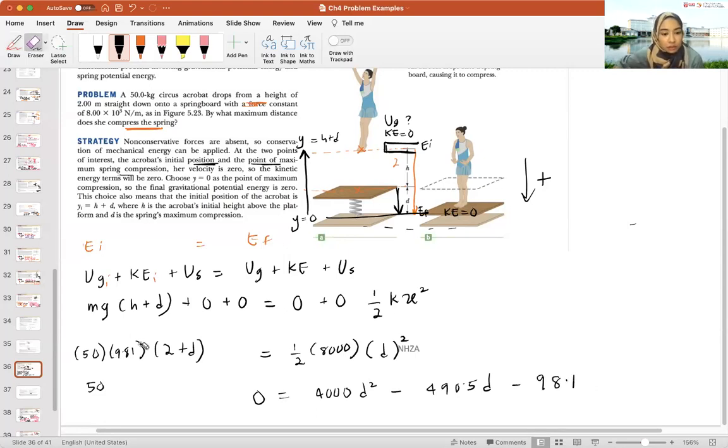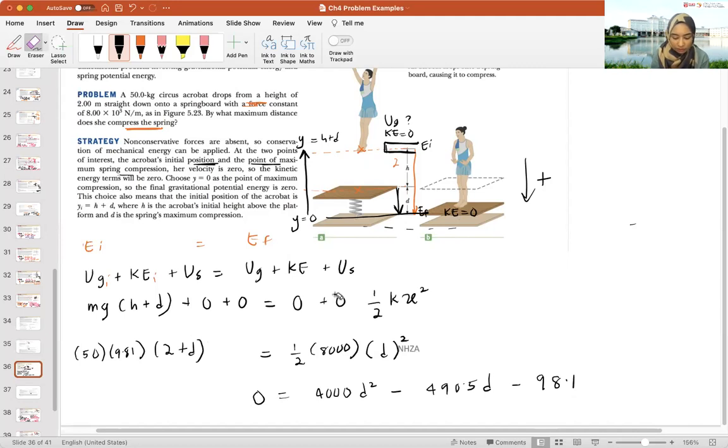So I would get 4,000 d squared minus 490.5 d minus 981. So saya nak rearrange semua ke arah sini sebab saya nak solve quadratic equation dalam calculator, and this becomes 0. Okay, I hope everyone knows how to do that. Patutnya boleh lah. Ini simple math sahaja.